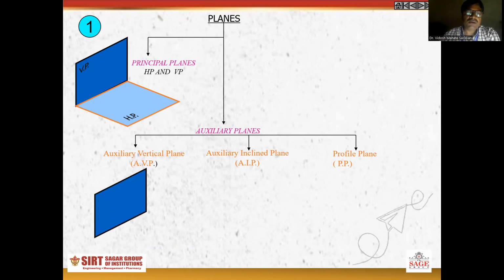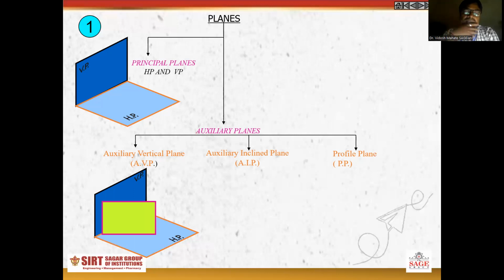The first one is the auxiliary vertical plane. When the plane is placed between the vertical plane and the horizontal plane, perpendicular to the HP and inclined to the VP, that is known as the auxiliary vertical plane.